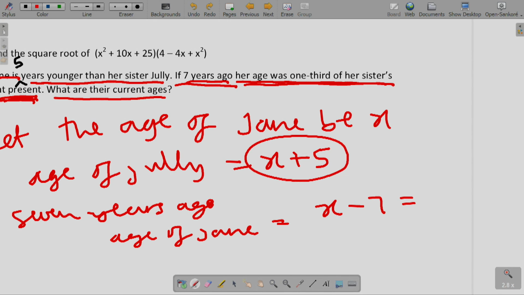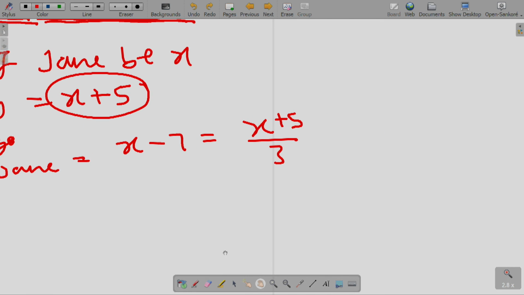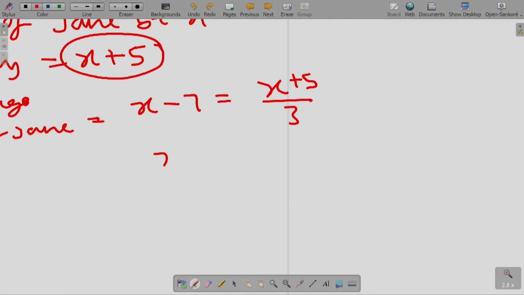This is the age of her sister now. So this is equal to x plus 5 over 3, 1/3 of her sister's age at the present. So we have to find their current ages. So here we have x minus 7 is equal to x plus 5 over 3.